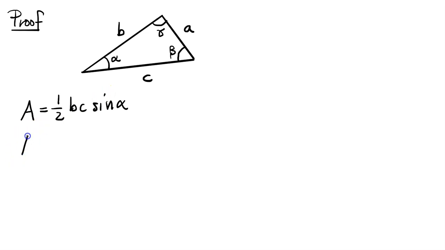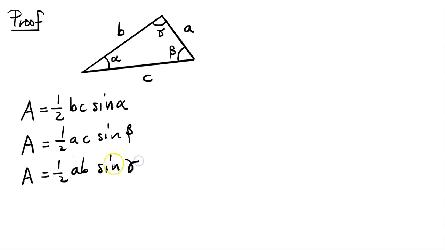But similarly, we could choose other sides. I could take, for example, a and c here. So it's half a times c and the angle in between, sine beta. Or the third alternative, these two sides: half a b sine of gamma. All these three are just three different ways of calculating the area.